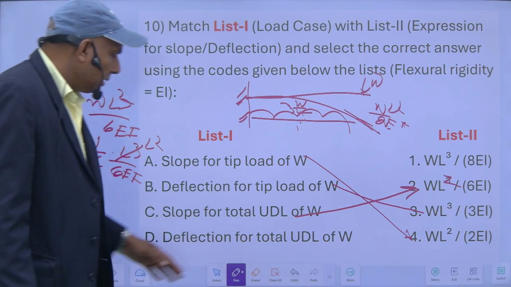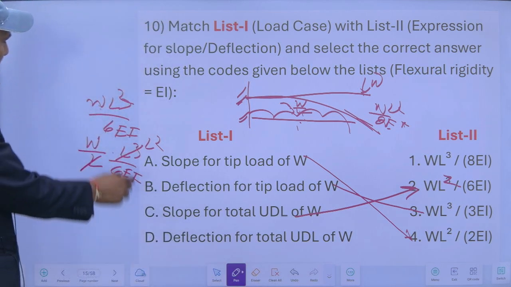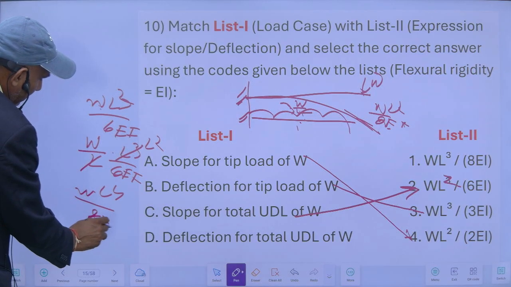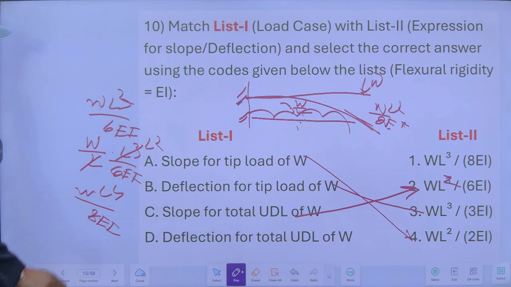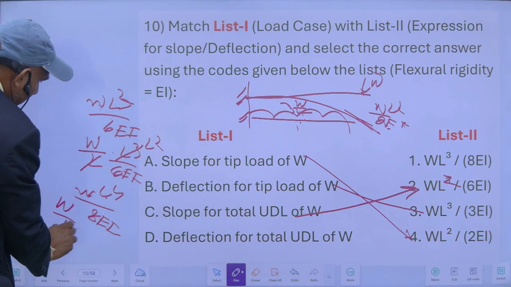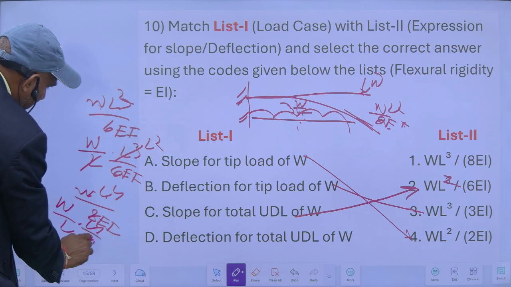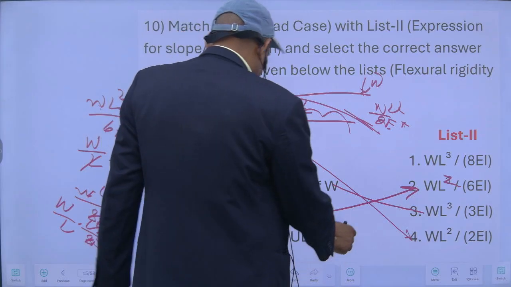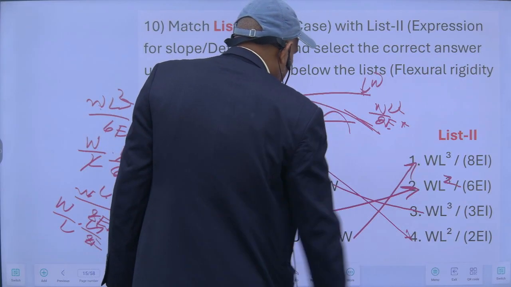And deflection for the total UDL. Deflection will be, as we know, WL 4 upon 8 EI, and this will be W upon L into L4 upon 8 EI. It will be WL cube upon 8 EI. So D with 1.